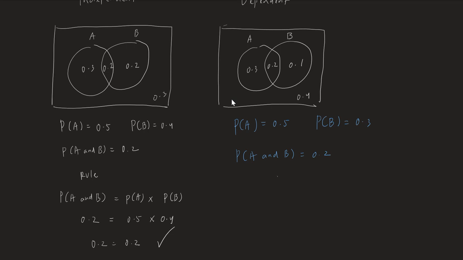So we check using the rule for independent events. It does not equal, so it does not fulfill the rule for independent events. So this will be dependent, because the probability of A and B is not equal to the probability of A times the probability of B.